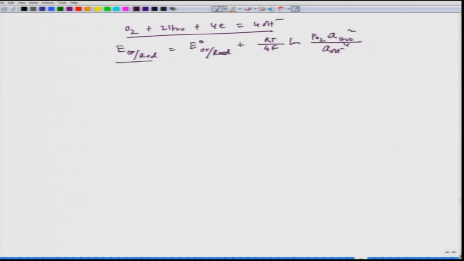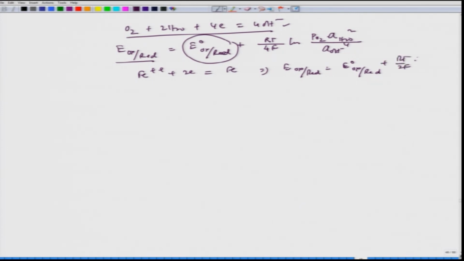So, this is the potential we are trying to see with reference to the standard reduction potential for this reaction. And again for iron, here also we write E ox/red equal to E0 ox/red plus RT/2F ln activity of Fe2+ over activity of Fe.